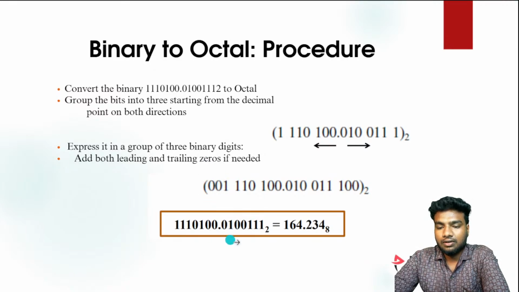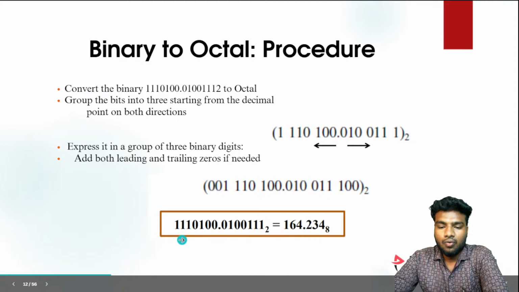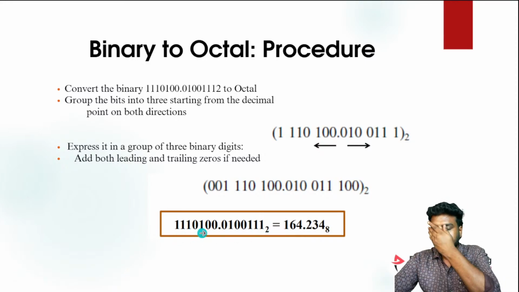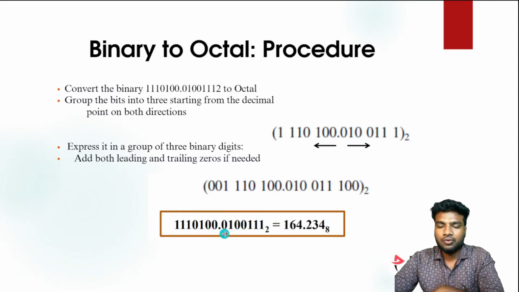This is the binary form of this value, so you can group by 3. 1 0 0 we can say is 4, and then 1 1 0 we can say is 6. The remaining 1 is there, so just keep it here. So 1 6 4.